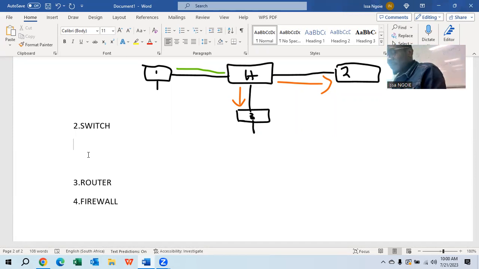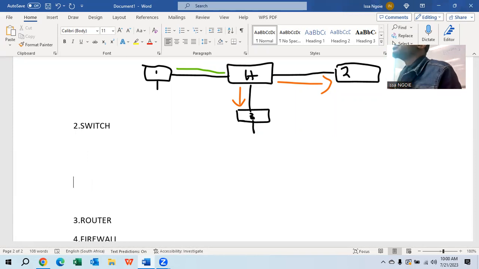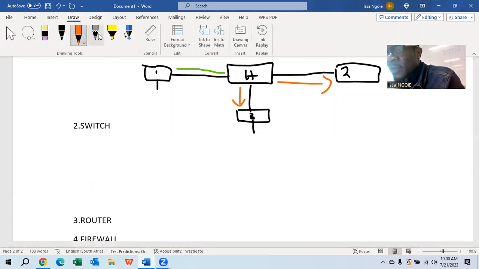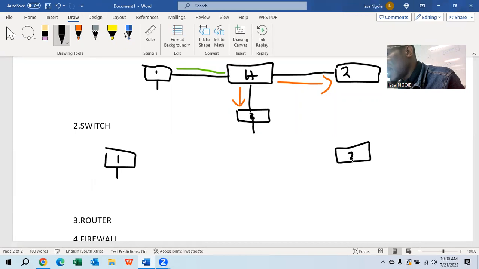You understand? To solve the issue of sending the message to every device, they came up with a switch, right? They said, let's come up with a device that's going to be more intelligent than a hub. They came up with what we call a switch.